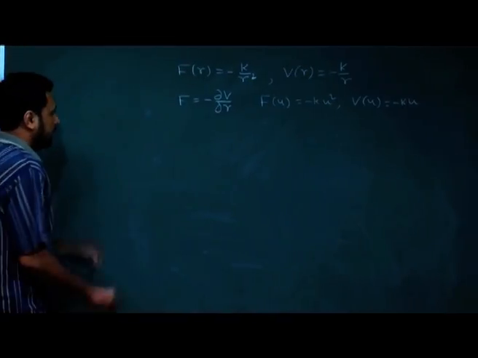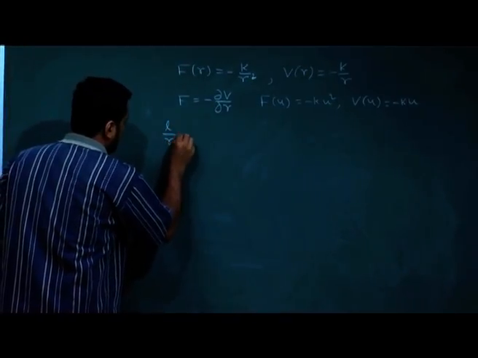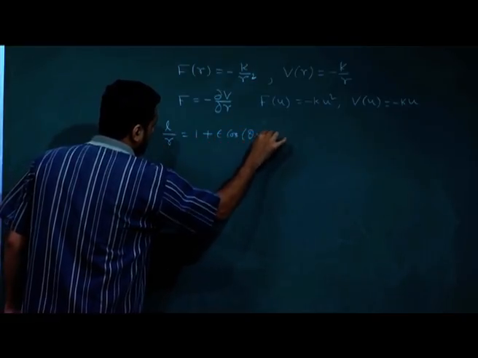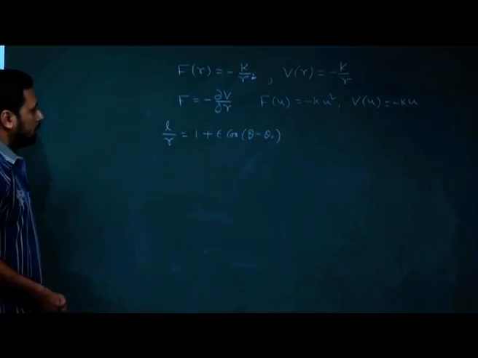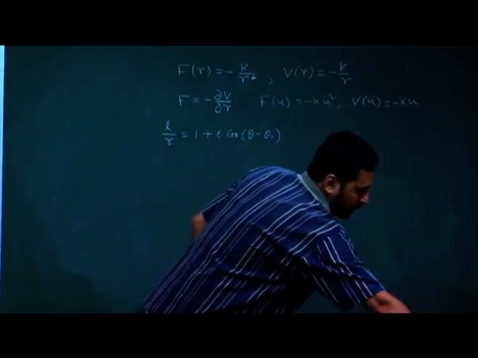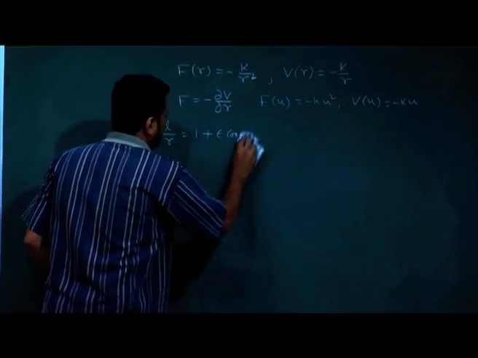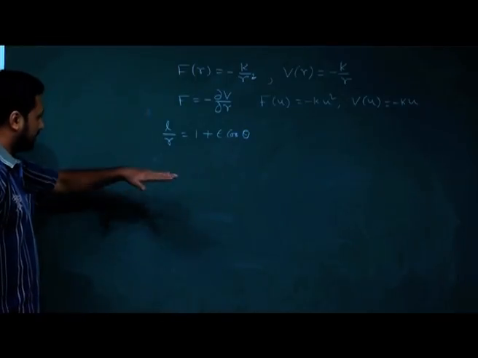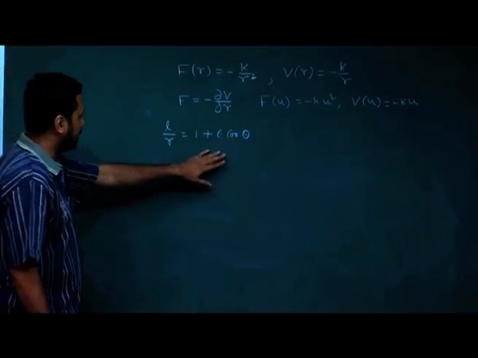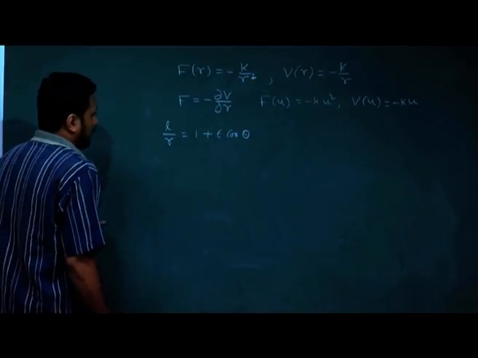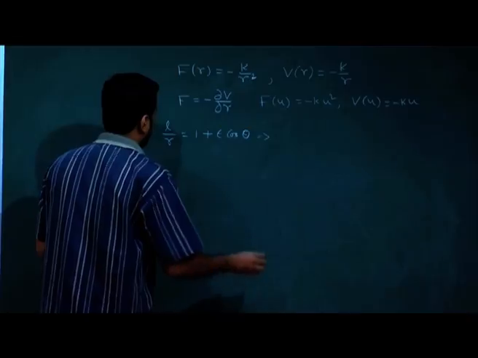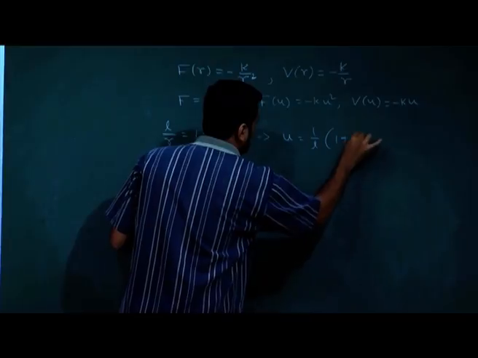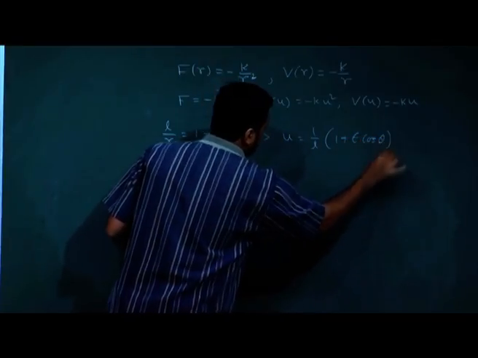And we have already seen that the orbit is given by l by r equal to 1 plus epsilon cos theta minus theta 0, or we can simply consider theta 0 to be equal to 0 and write cos theta. That is also okay, assuming that our axis is at theta equal to theta 0, and this can also be written as u equal to 1 by l times 1 plus epsilon cos theta.